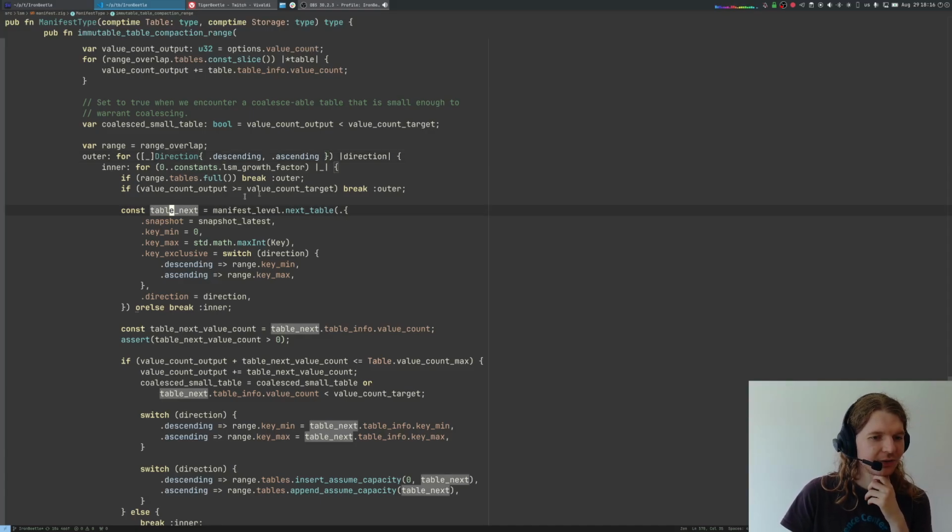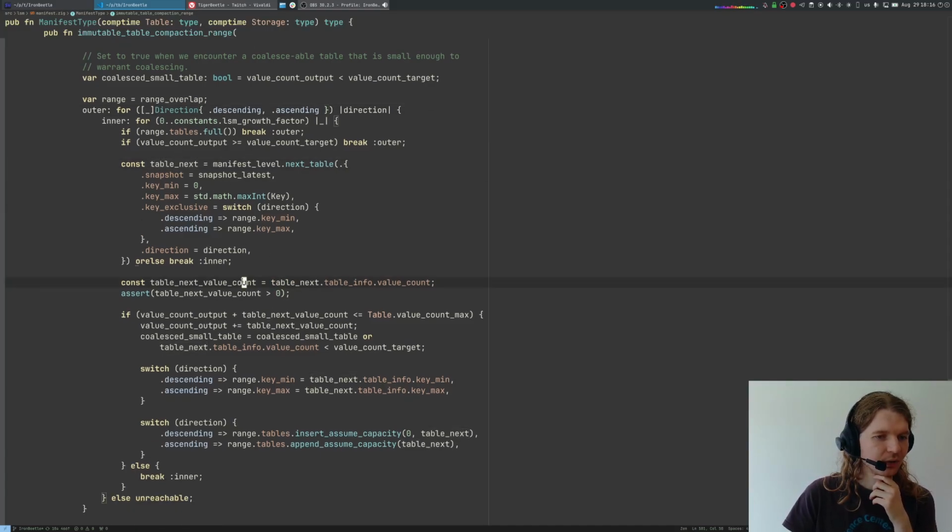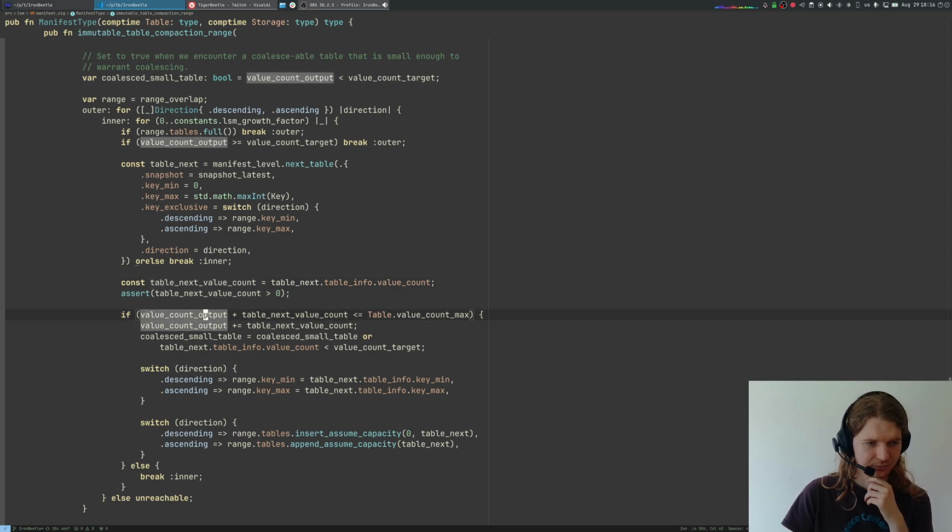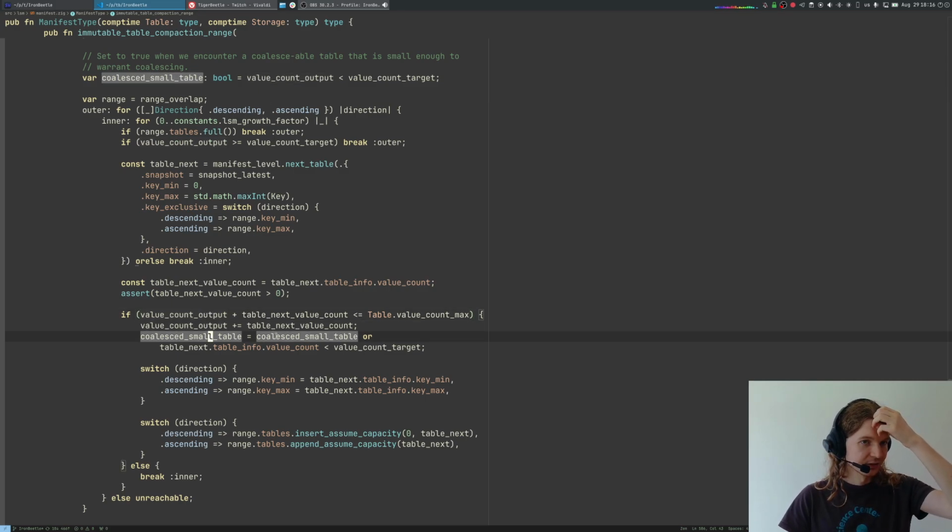Okay, so we are finding the next table. We look at the count of values in the next table. If we could add this table to our count without overflowing the result, then okay, we edit.